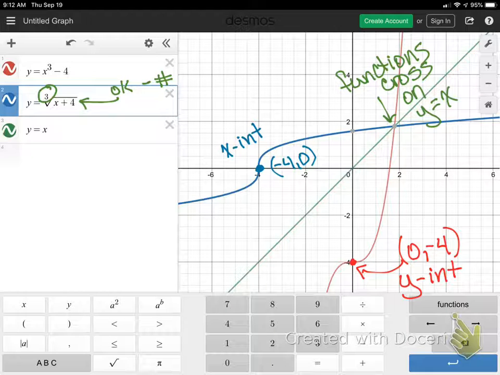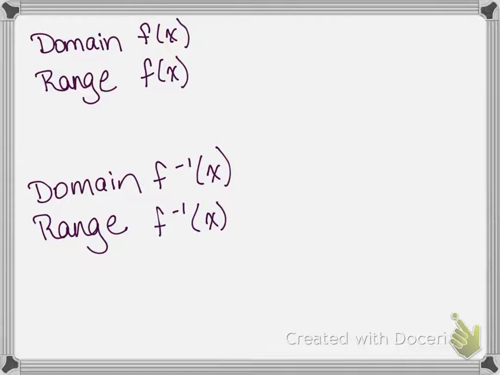No. So the domain is negative infinity to positive infinity. So if the domain of my original function is negative infinity to positive infinity, where can I put that on the inverse function? Range. Perfect. So negative infinity to positive infinity.